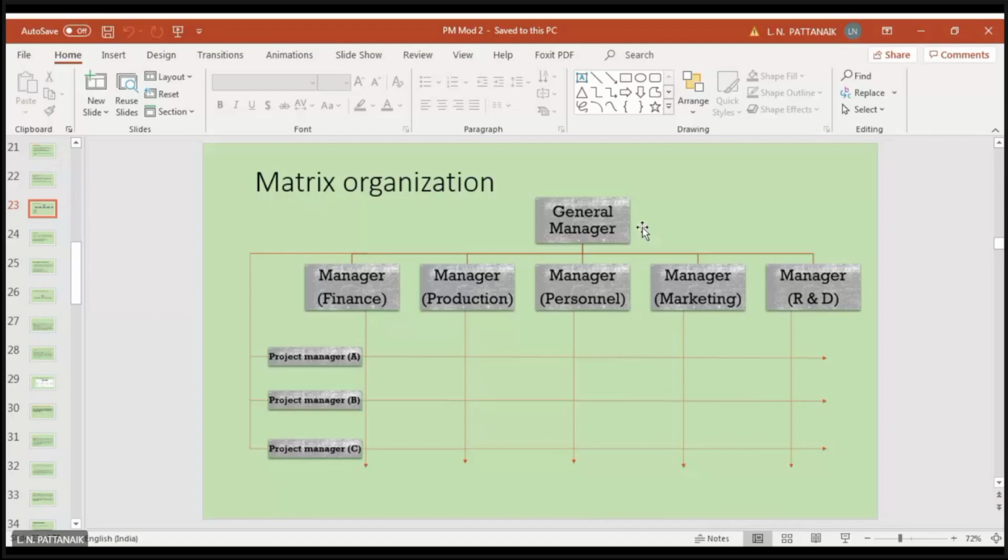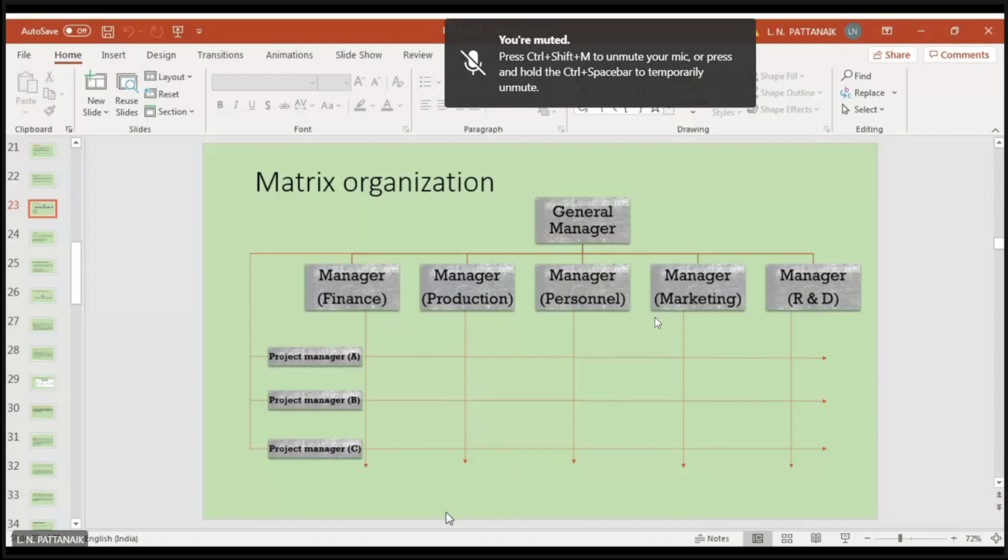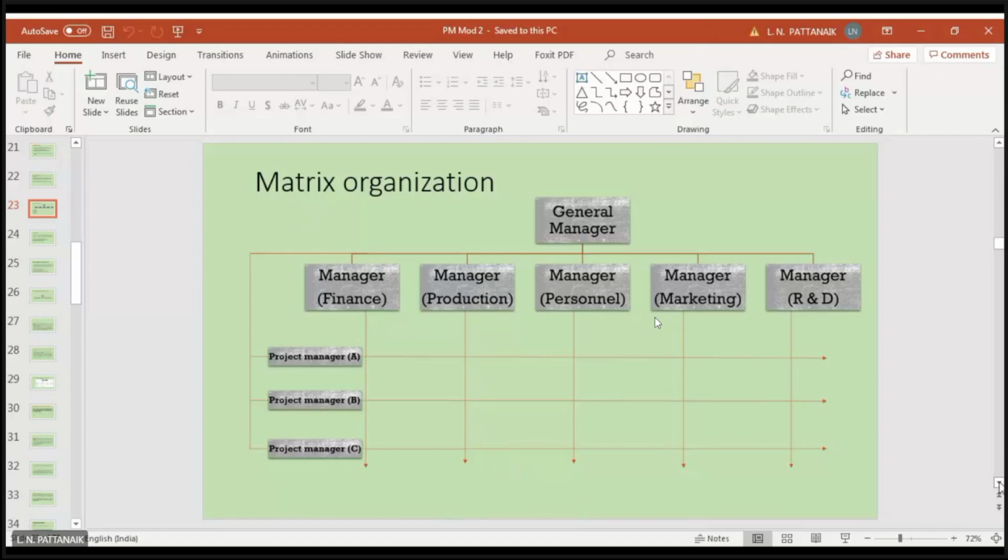So there may be mistakes if the span of control is large. Just to lessen the burden, there is something called modified matrix organization. I'll give you a small figure for that when I share this slide with you at the end. But for the time being, you understand there is something called modified matrix. Okay, let us proceed.